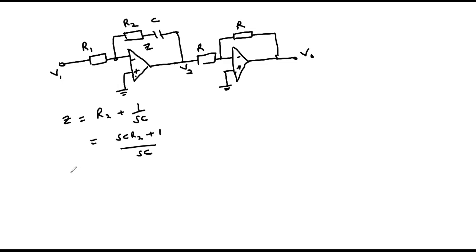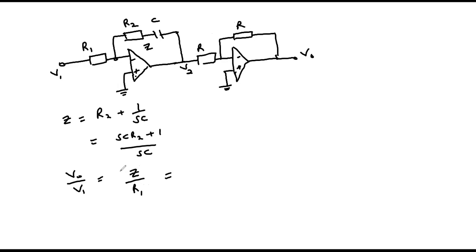Then the transfer function V out over V1 will be equal to Z over R1, considering that this stage will implement the operation and this stage achieves sign inversion.